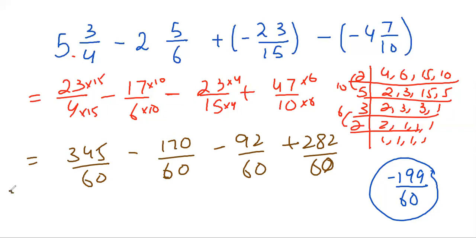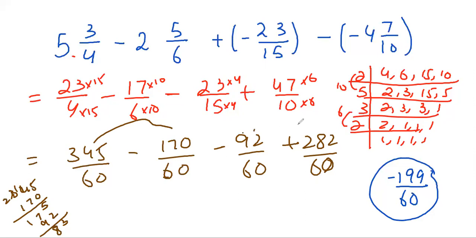345 minus 170. So you get 175. Okay. So 175 minus 92, you get 83.